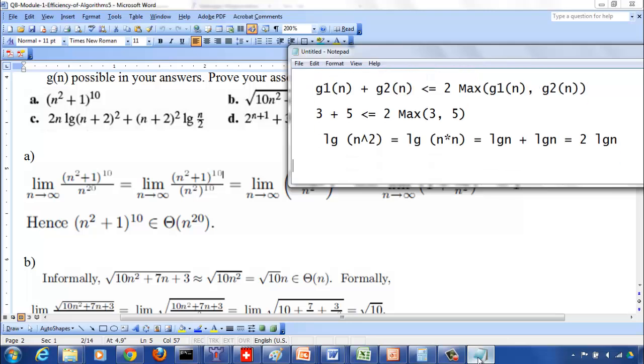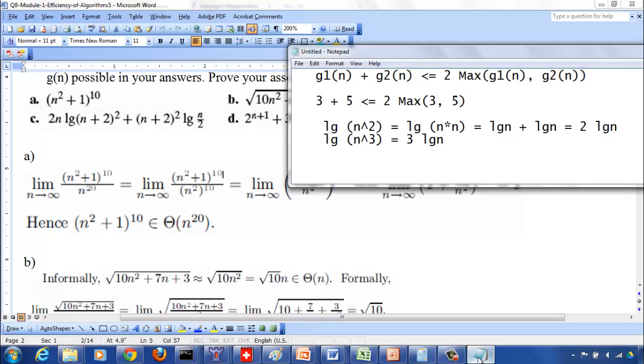So likewise, if you have log n cube, then it's going to be 3 log n. Because you can say log of n times n times n, so that is log n plus log n plus log n, so it is 3 log n.